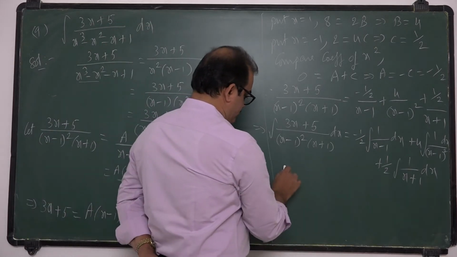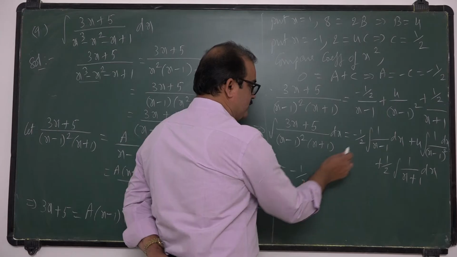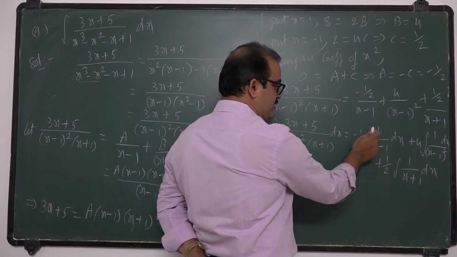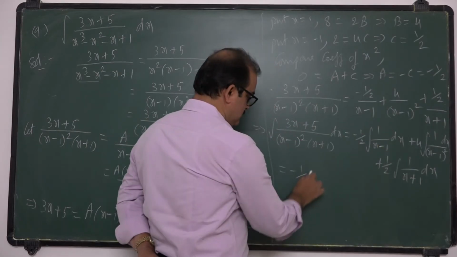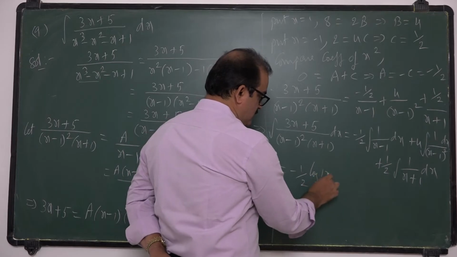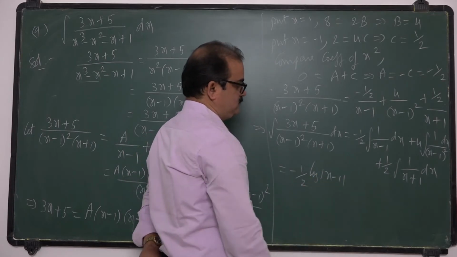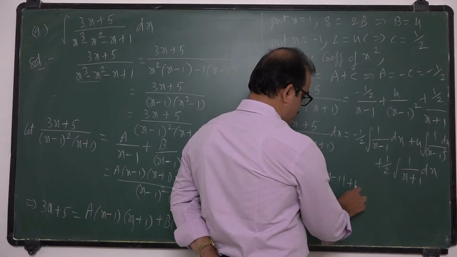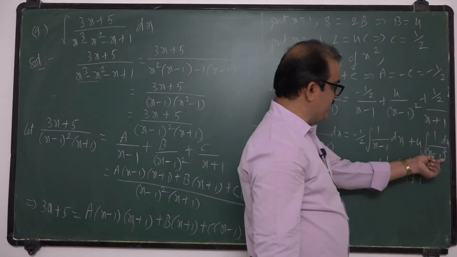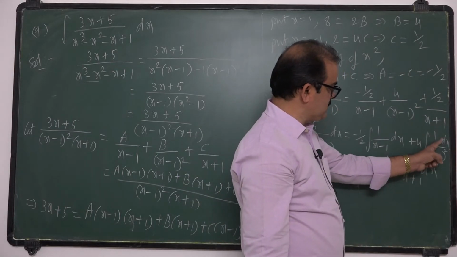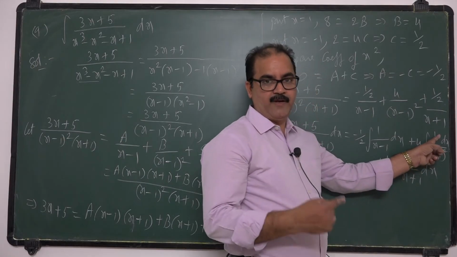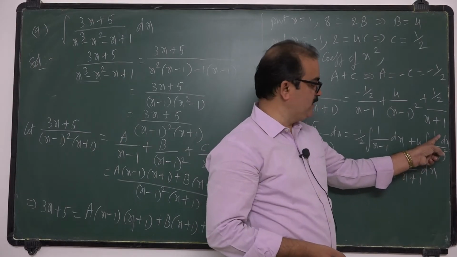Now integrate. Minus 1 by 2 into, it is in the form of integral 1 by x dx, its integration is log mod x minus 1, plus 4 into, you write it as x minus 1 whole power minus 2 and apply the formula integral x power n into dx.